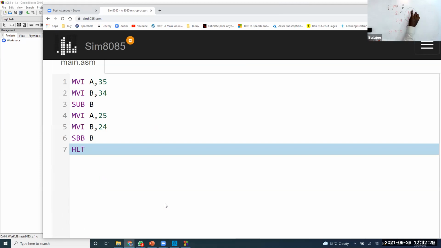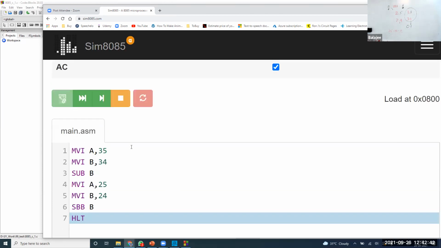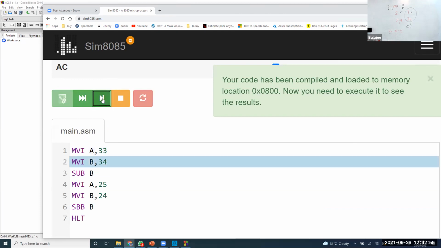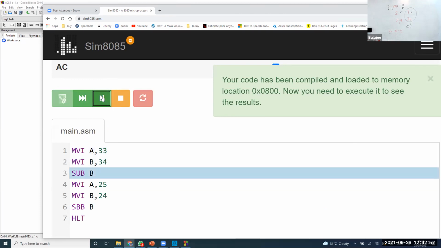Now let's change only this one. I change this to 33. Now what happened? Let us see that. Very simple. When I change this one to 33, compile it and execute it, see here, this is a problem.